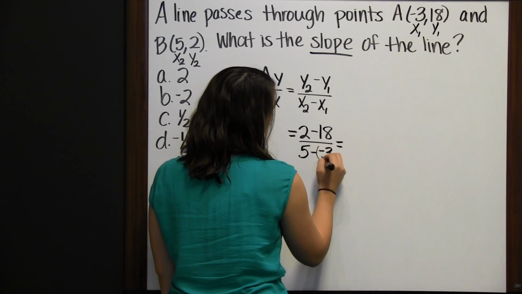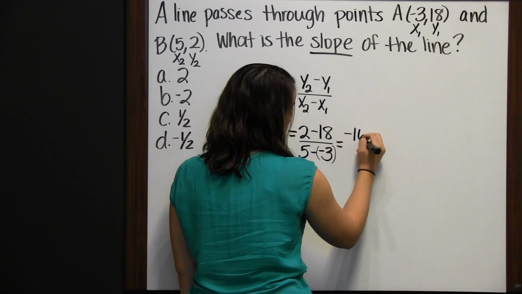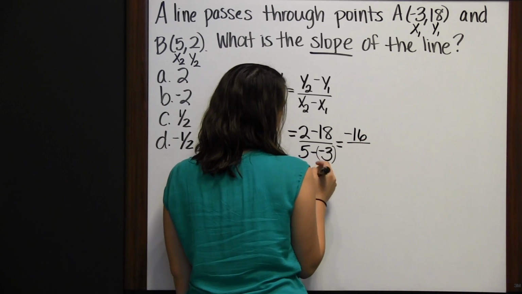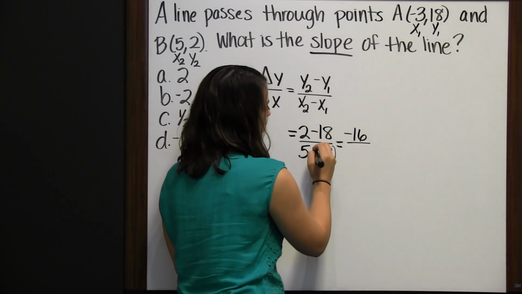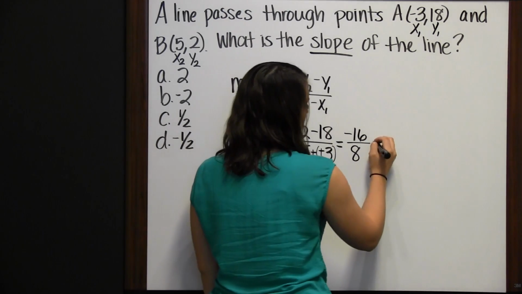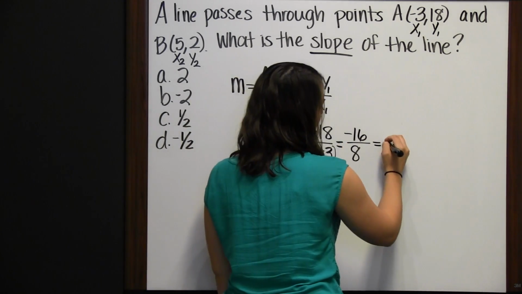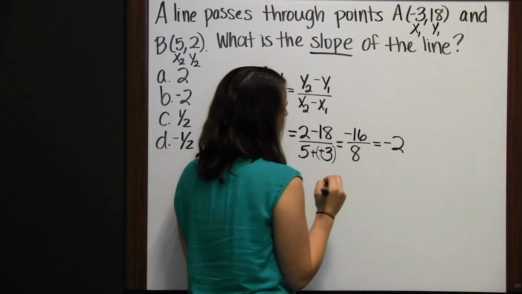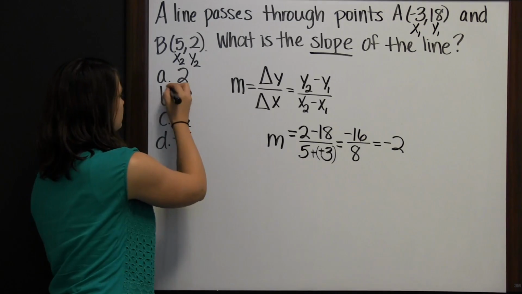And then we simplify. 2 minus 18 is negative 16 divided by 5 minus a negative 3 is 8. We can add the opposite, so that's just 8. And we can simplify that. Negative 16 divided by 8 is negative 2. So our slope is negative 2.